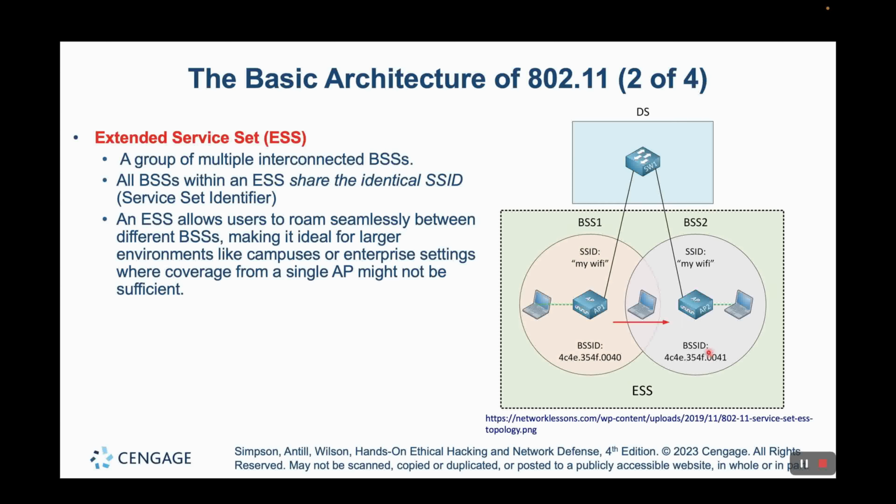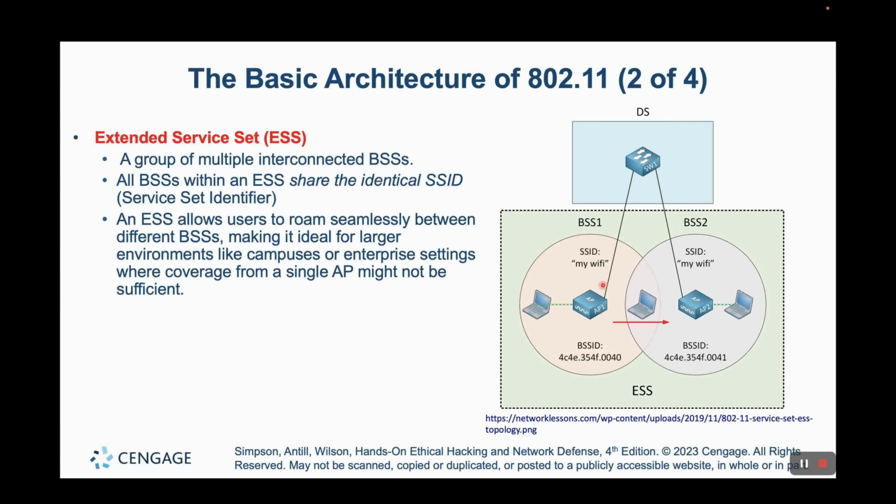So how is this going to benefit us? It's going to benefit users by letting them roam easily and seamlessly between different BSSs, like moving from one office to another. This makes it ideal for larger environments like a campus or enterprise, where having only one single access point might not be enough.